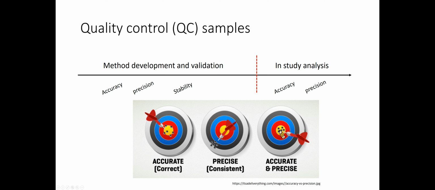During method validation, QCs evaluate the performance of a method and the stability of an analyte. Performance QCs are included in validation rounds to determine the precision and accuracy of the method. Stability QCs evaluate the stability of an analyte under various stress conditions, which will be introduced in the later slides.